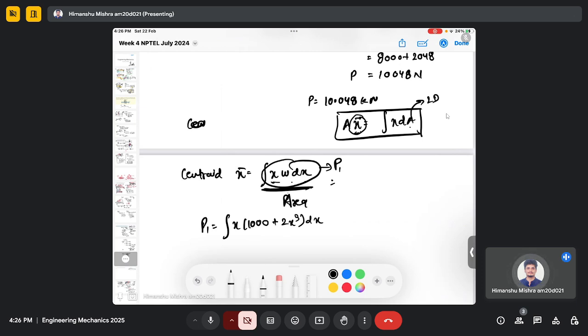But if it depends on mass and density, the same x bar gives the location of the center of mass, and if it depends on gravity, the center of gravity. So I can write x bar as the integral of x dA divided by A, where dA is w dx here, and A is the point equivalent force, P.